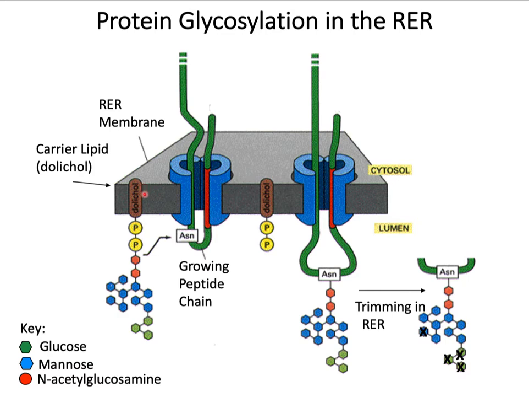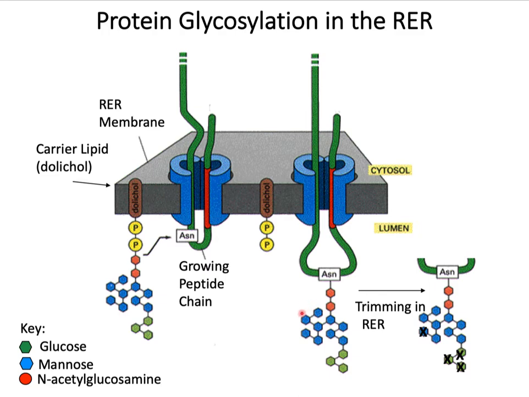The complex is transferred en bloc, or en masse, this whole thing, to the asparagine residue as it becomes available for modification and is extruded into the lumen of the ER. So that's the first step of adding the N-linked oligosaccharide to these secretory proteins.